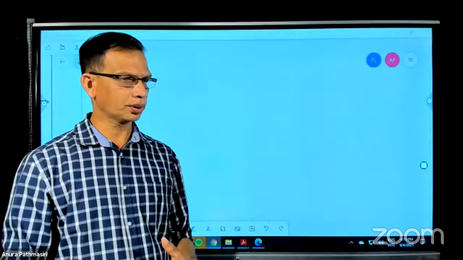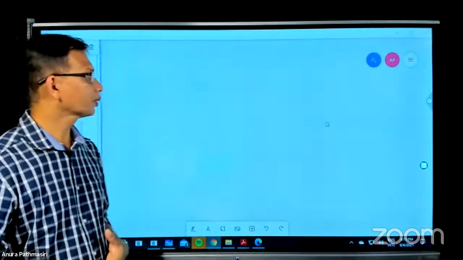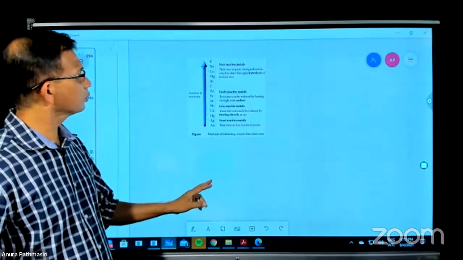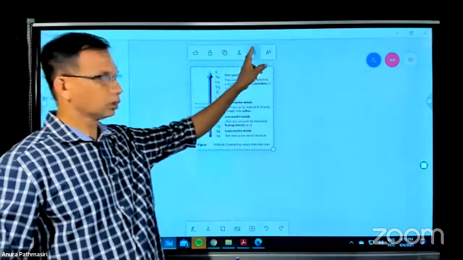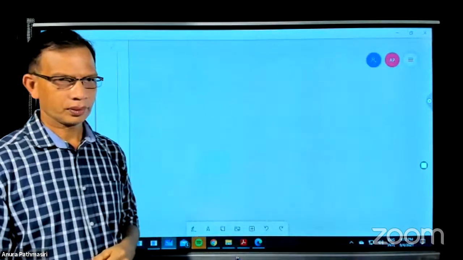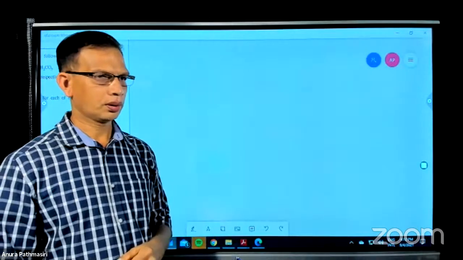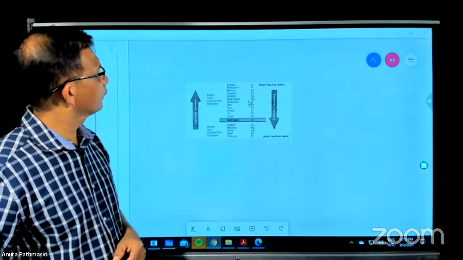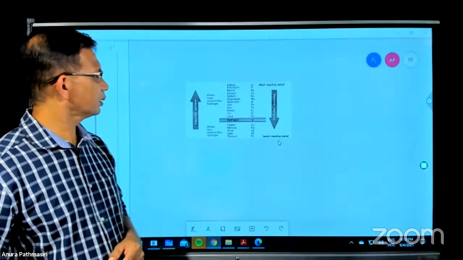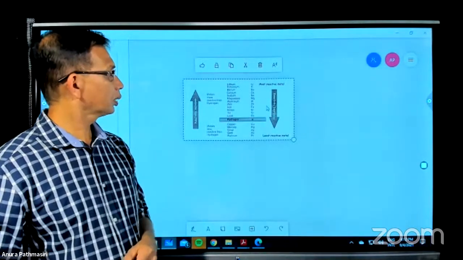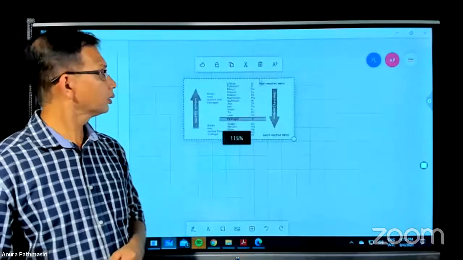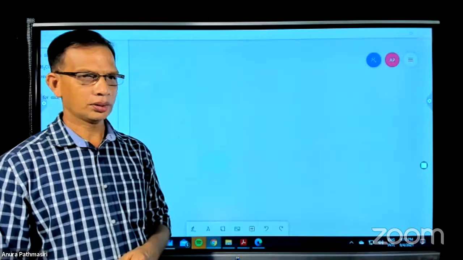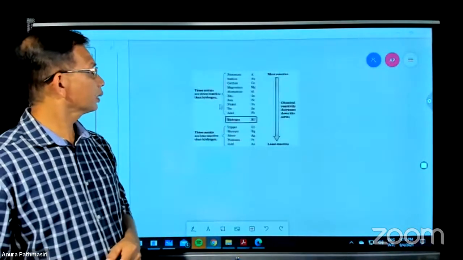As you can see, this is the activity series. Can you see it clearly or not? It's not clear. I will take a clear one. Is it clear for you? Not clear, right? Why not clear? Let me see this one. What can you tell about this one?